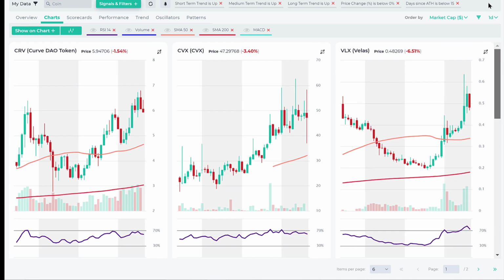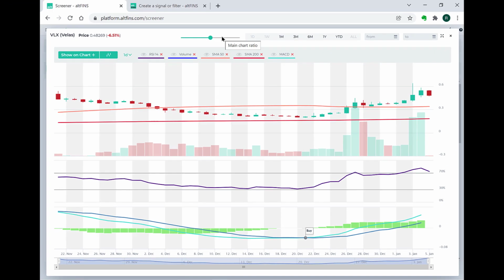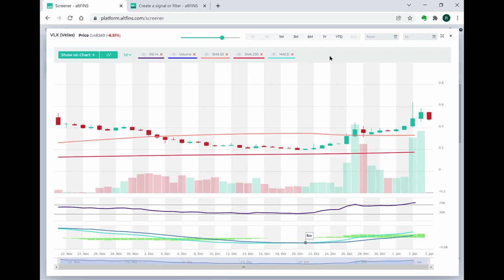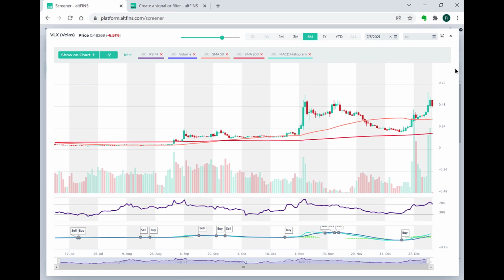So here I would try to look for certain support levels. Let's look at VLX, which is, I believe, an L1 network competitor to Ethereum. And if we look at the 6-month chart here, where's my support?